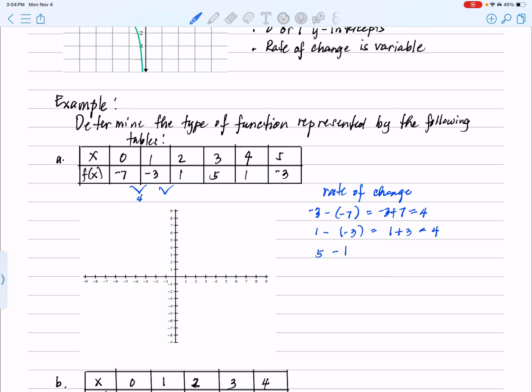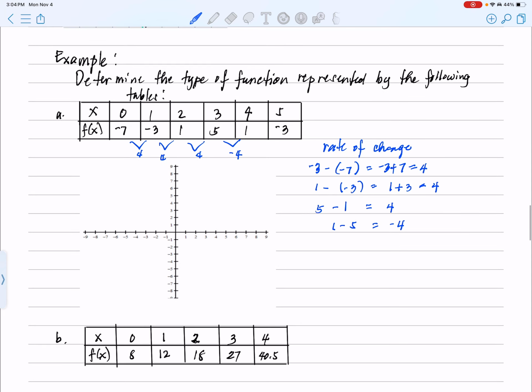So this is also 4. Then we have 1 minus 5. It's negative 4. Then we have negative 3 minus 1. We have a negative 4.